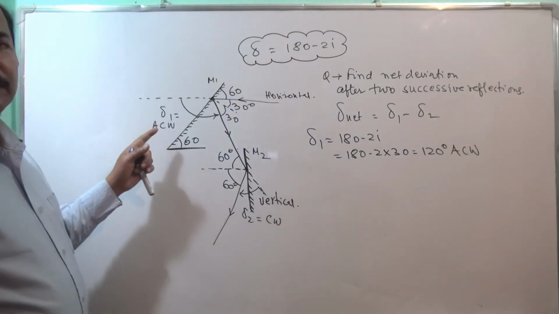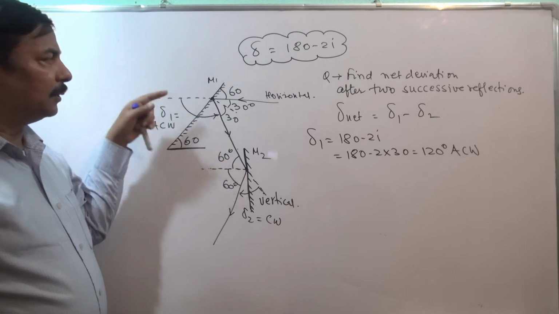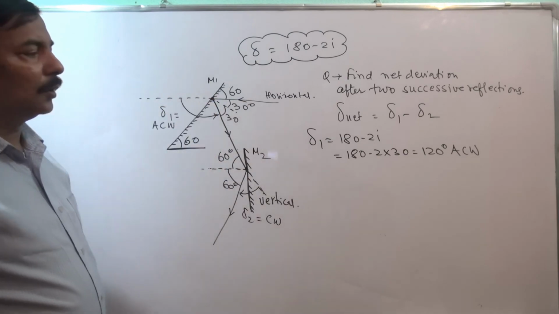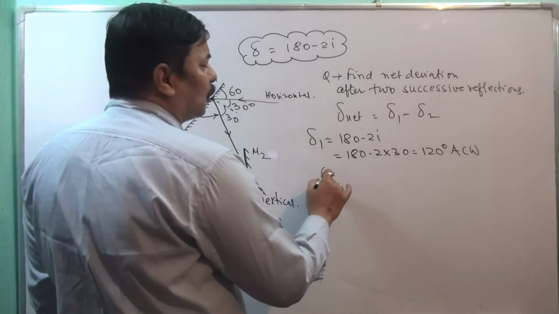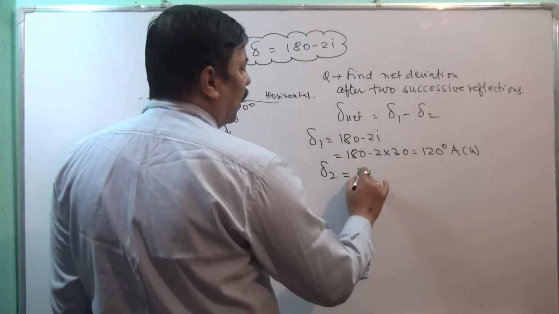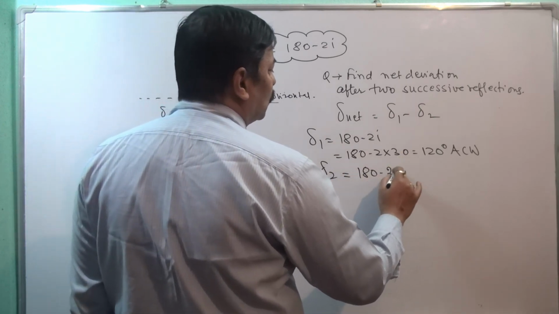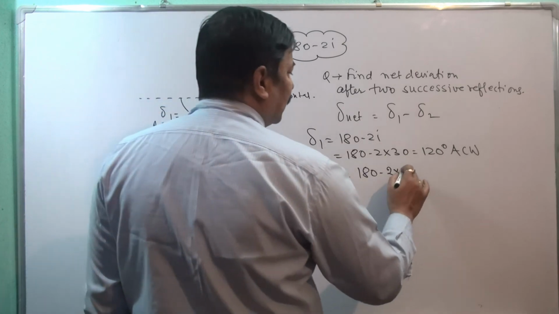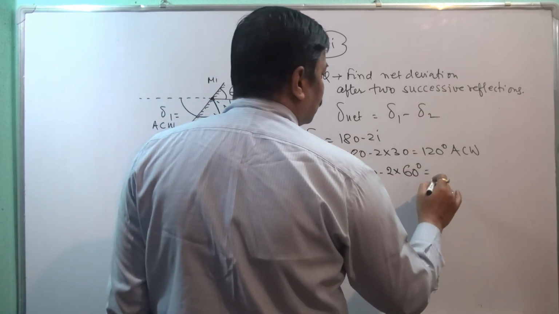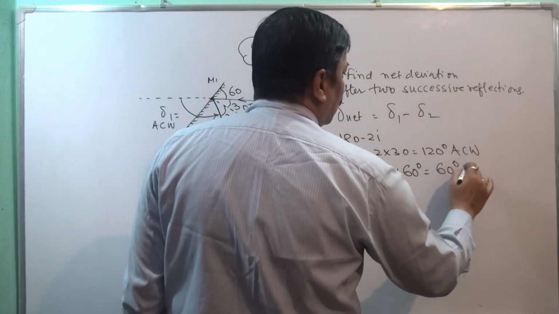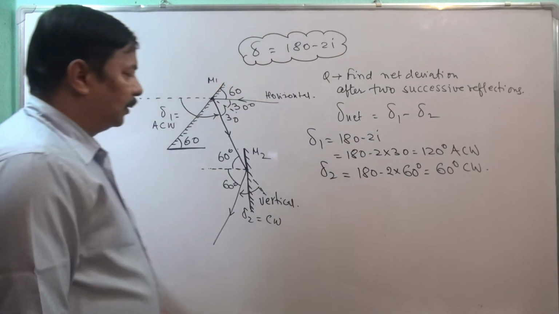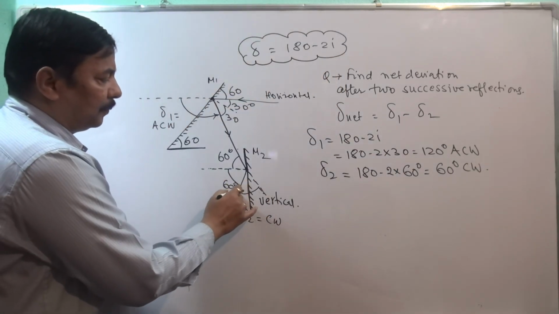First deviation is 120 degree anti-clockwise, incident ray anti-clockwise, and delta 2 is 180 minus 2 into 60 degree, clockwise. See, this is in this direction.